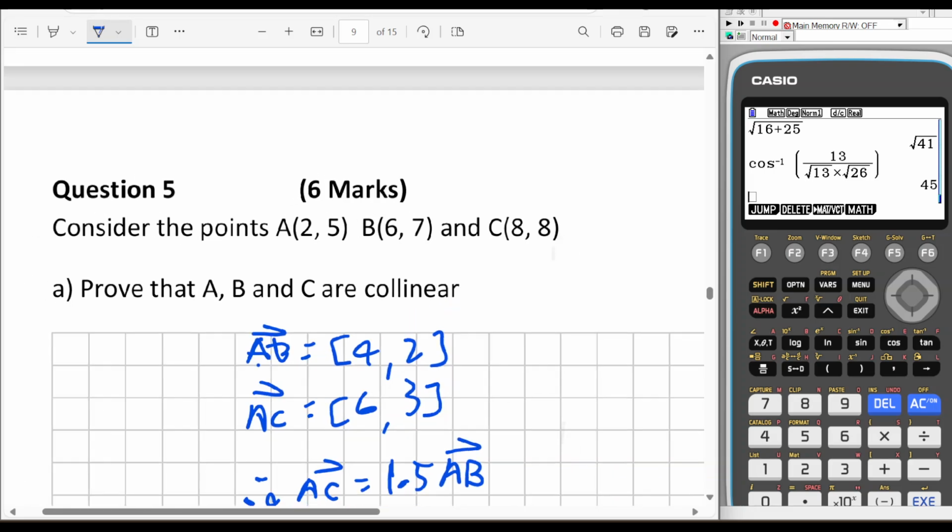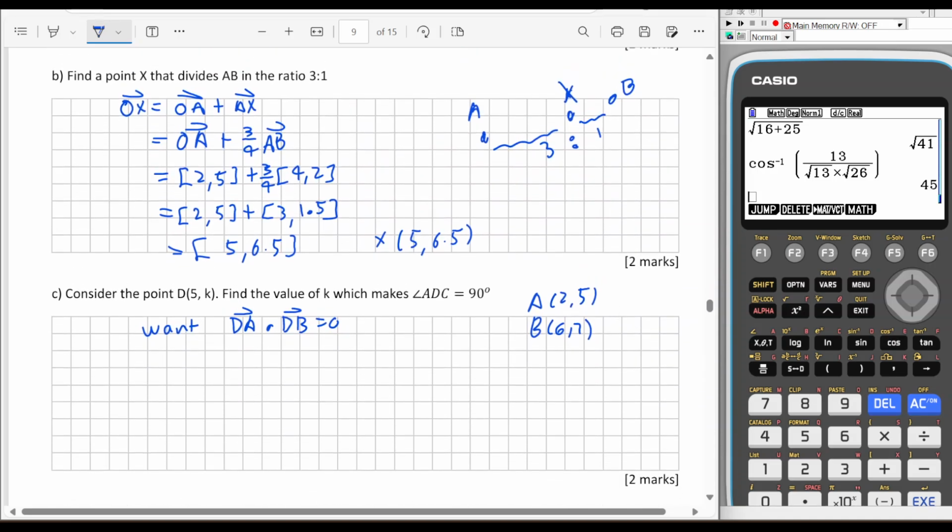So if I want a vector like DA, here's D, which is (5, k). DA is all the bits of A, so that's 2 and 5, minus all the bits of D. So this is 2 take 5 and 5 take k. So this is (-3, 5 - k).